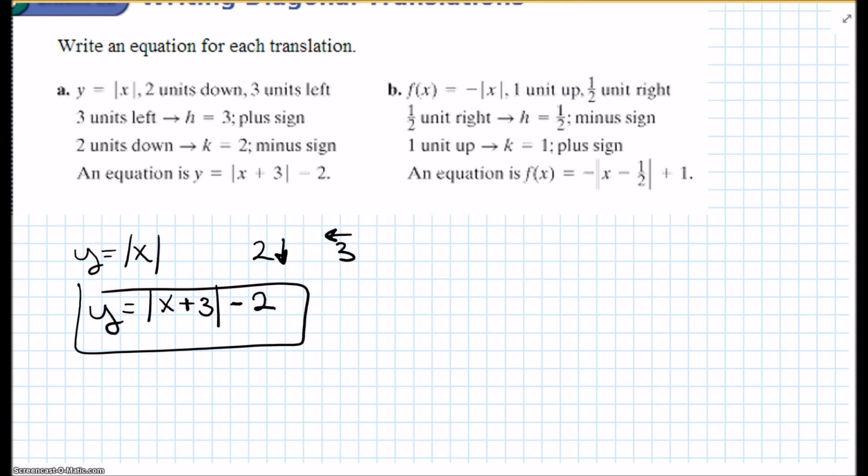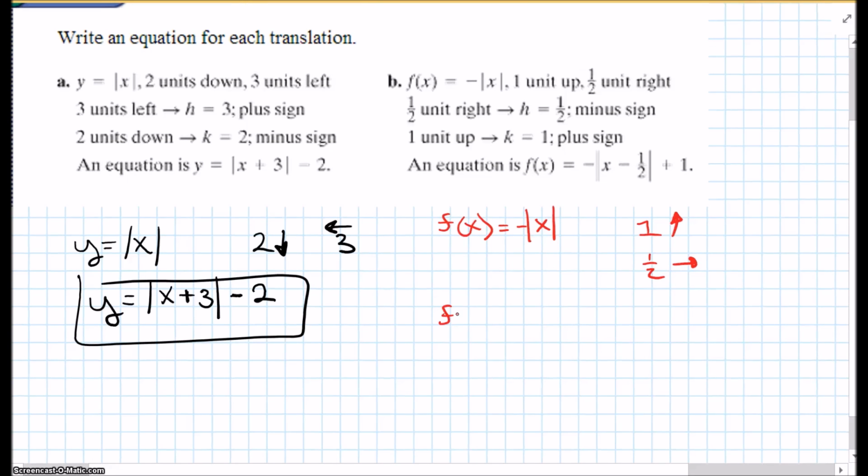The next one is f of x, the parent function is f of x equals negative absolute value of x. They want to move 1 unit up and a half unit to the right. So we're going to need to subtract to go to the right and plus to go up.